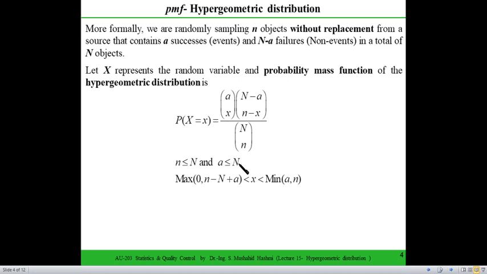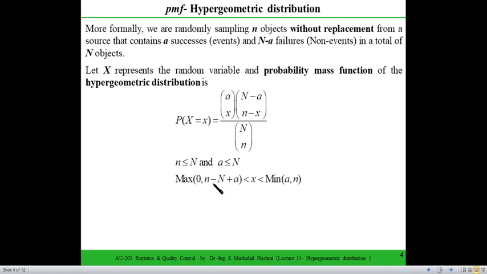As we know, capital N is the total number, and small n would always be smaller than this total number, and the number of successes would always be either equal to or smaller than the total number. The value of x can take a value between this and this, and you can work it out.